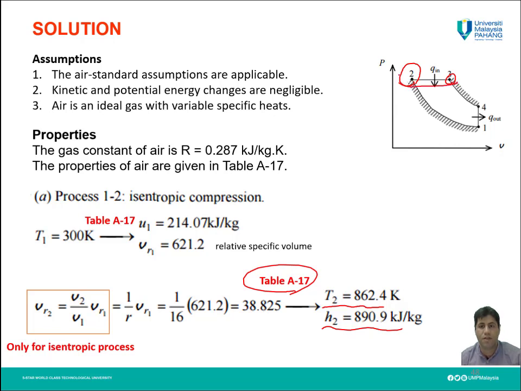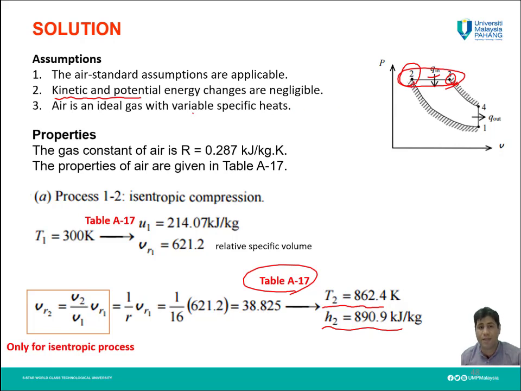The reason for the change in the energy of the working fluid or system in this process is only due to this Q in. We have already written in our assumptions that we can ignore kinetic and potential energy changes during this cycle.